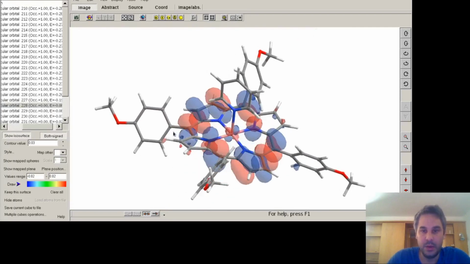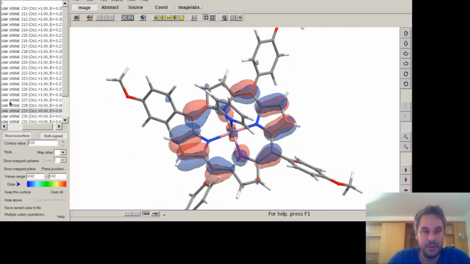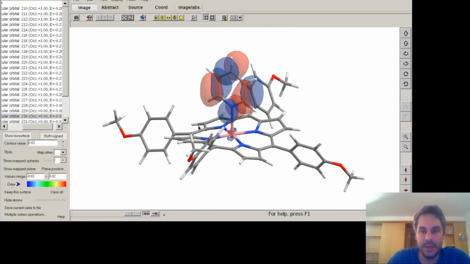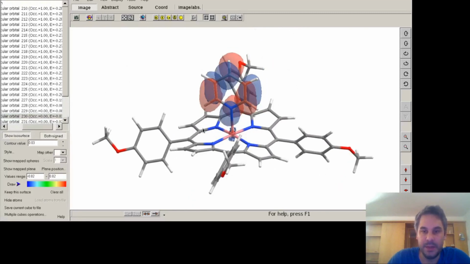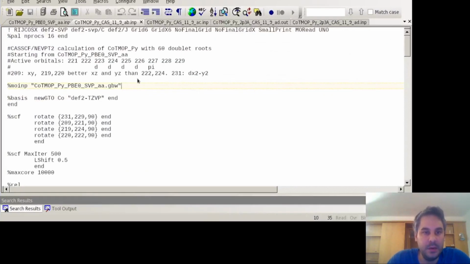This one we also wanted, 227, and this one 228. Remember, now I was subtracting 1. And this would be the last one, which is a pyridine based orbital that we don't want. What we do is write this down.